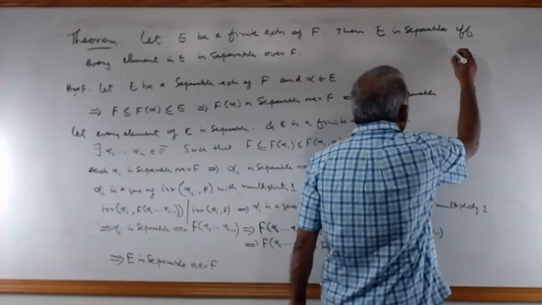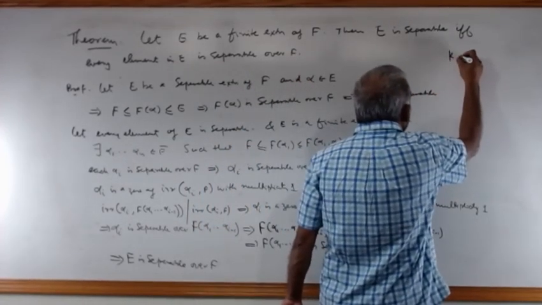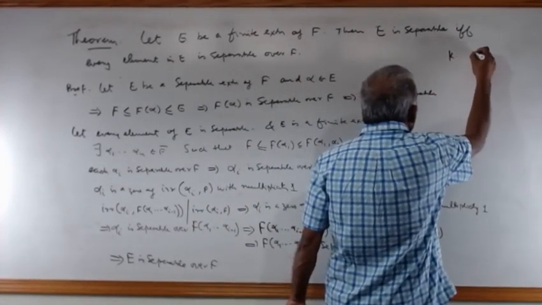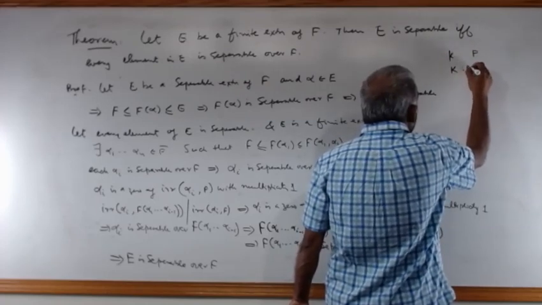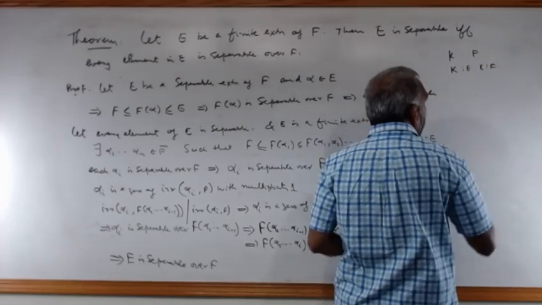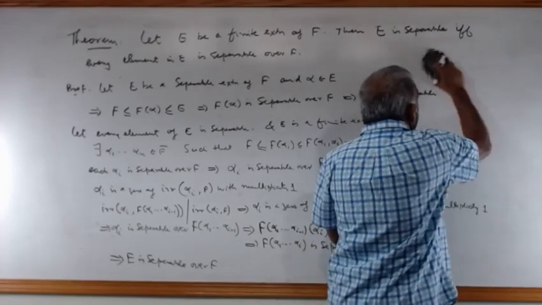Meaning K is separable over F if and only if K is separable over E and E is separable over F. So that is the result we are using here.